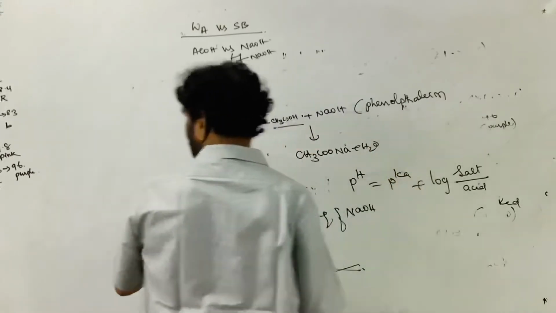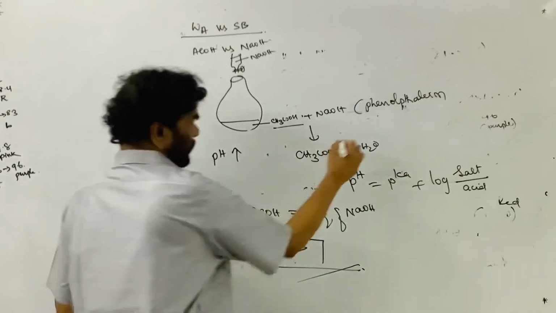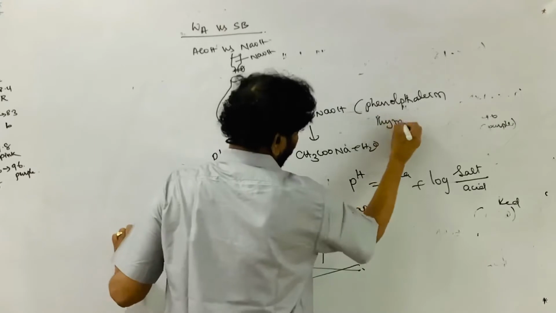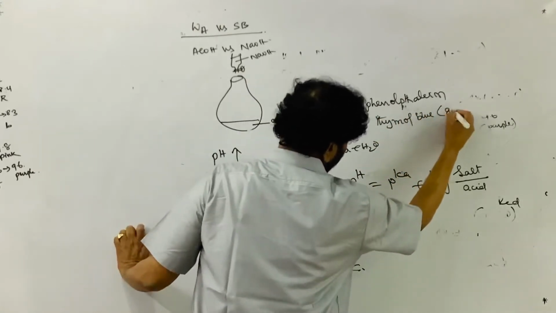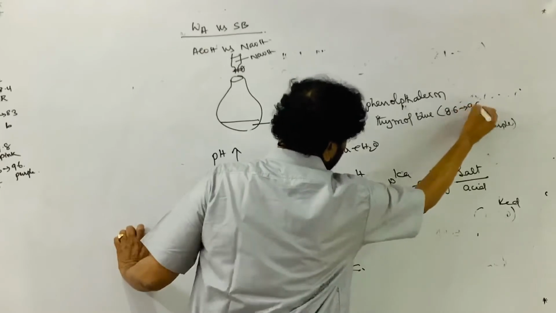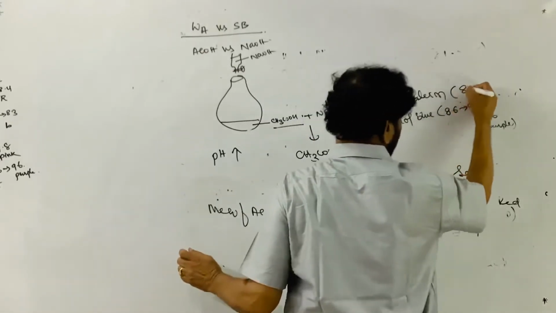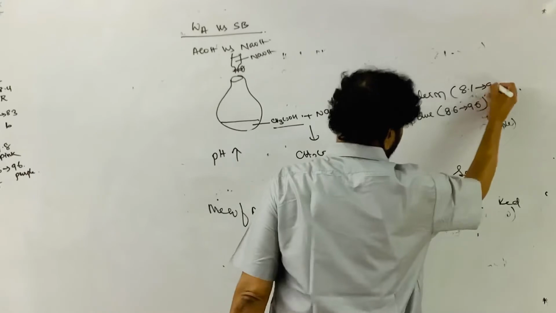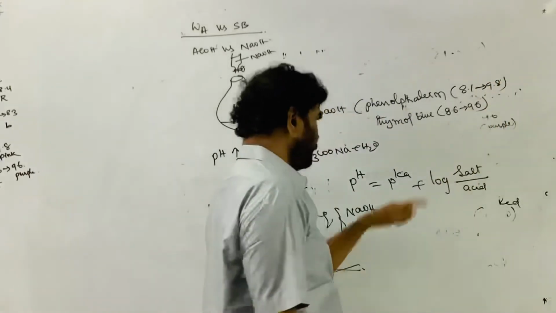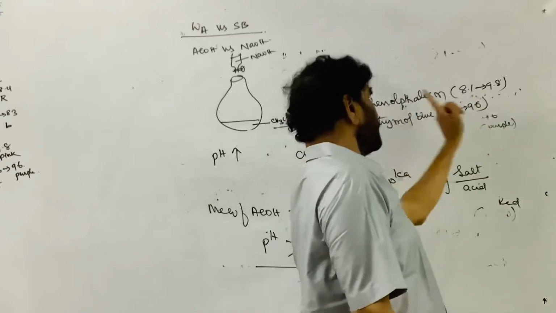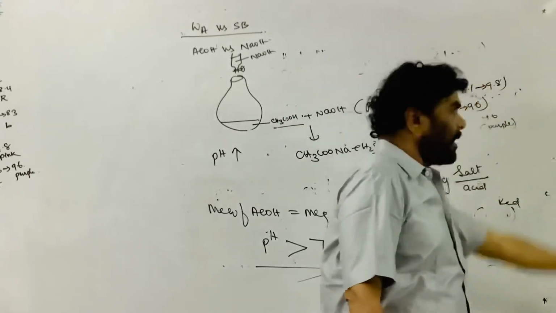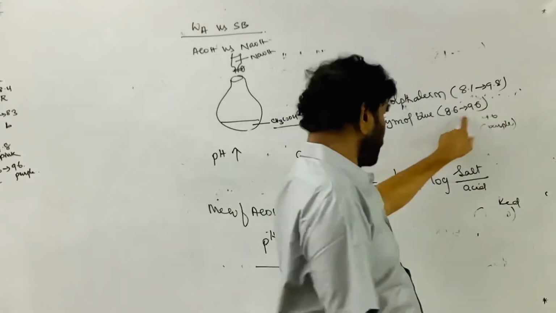Phenolphthalein, thymol blue. Thymol blue is 8.6 to 9.6, and phenolphthalein is 8.1 to 9.6. Below 8.1 it is colorless and above 8.1 it is pink. Above 9.6 it is purple.